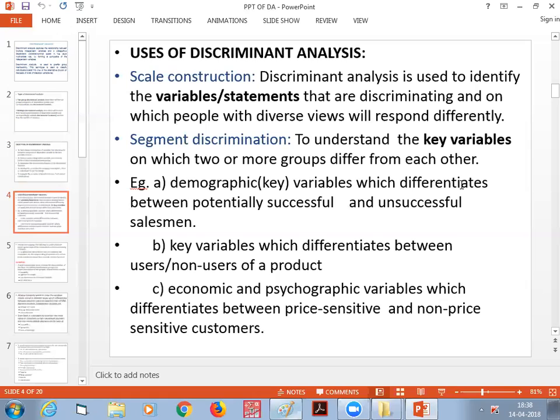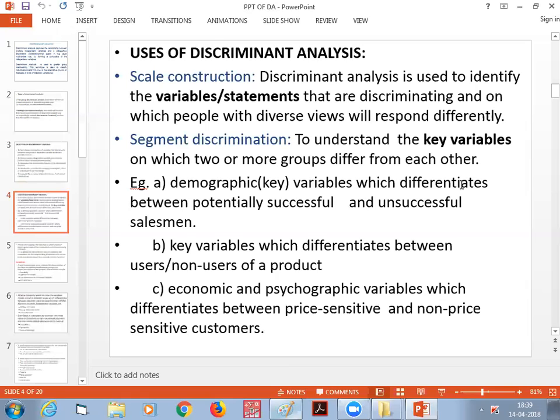We use the developed model for the information of that 101st person. That person will give views on different parameters, different variables, and this model will be able to classify whether he belongs to this group or the other group. So developing the model, validating the model.